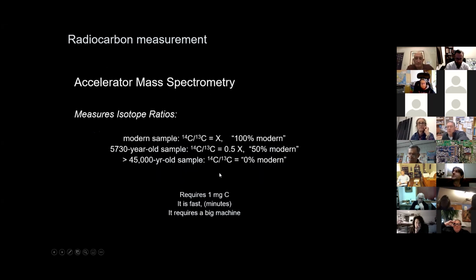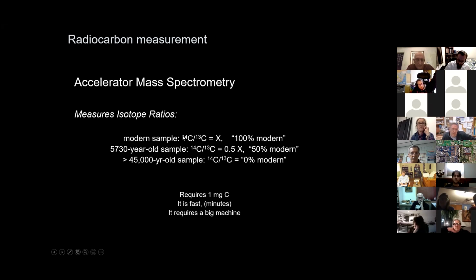The method that we use is called accelerator mass spectrometry. This is not a decay-based method at all. It actually allows us to partition the sample into its isotopic composition. So for a modern sample, we literally quantify how much carbon 14, 13, and 12 is in the sample.